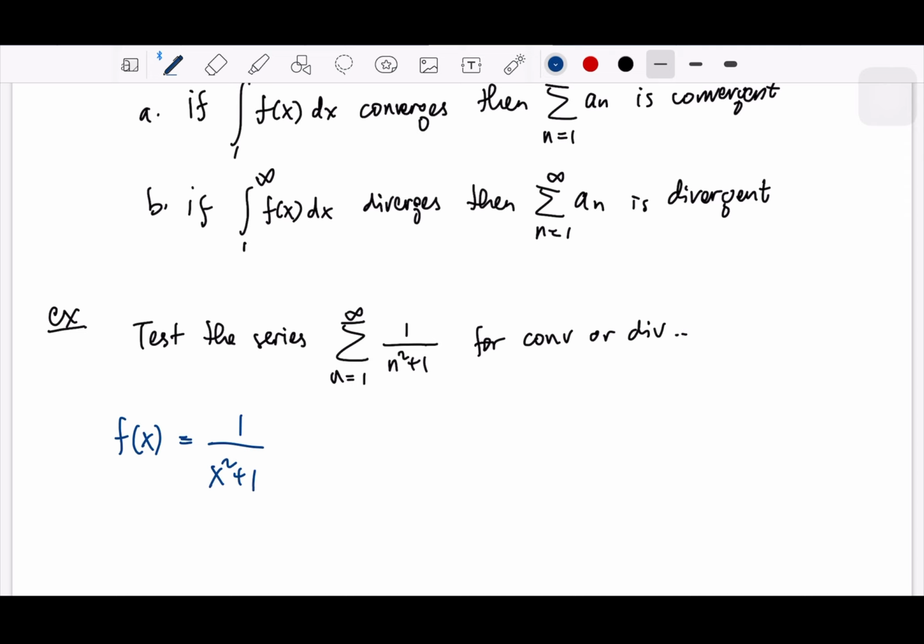We need to check whether it's continuous, whether it's positive, and whether it's always decreasing.